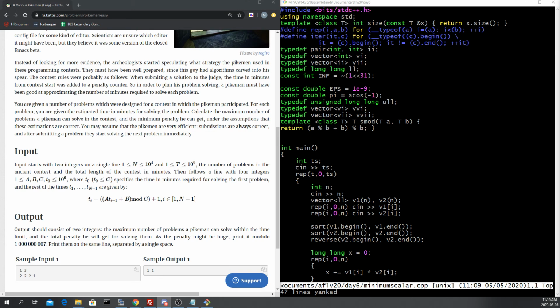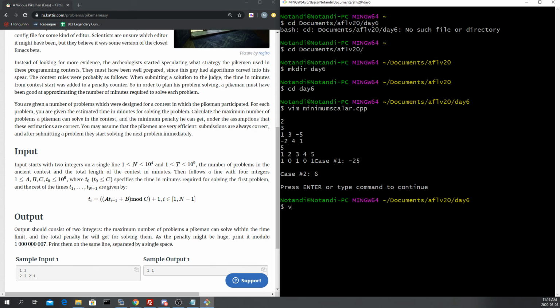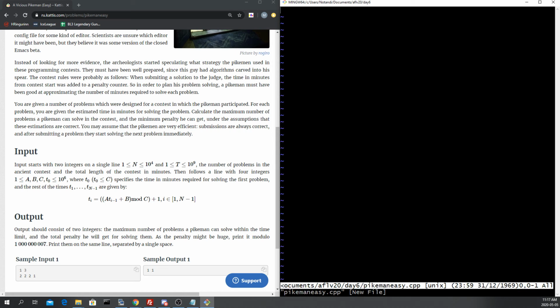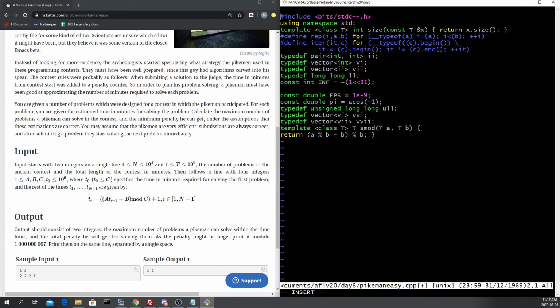It'll reduce our penalty in total, both because it takes shorter time to solve it, so we get less penalty for that problem on its own, and also we will start doing the next problem sooner, so their penalties will be reduced as well. Okay, so let's write code for this.